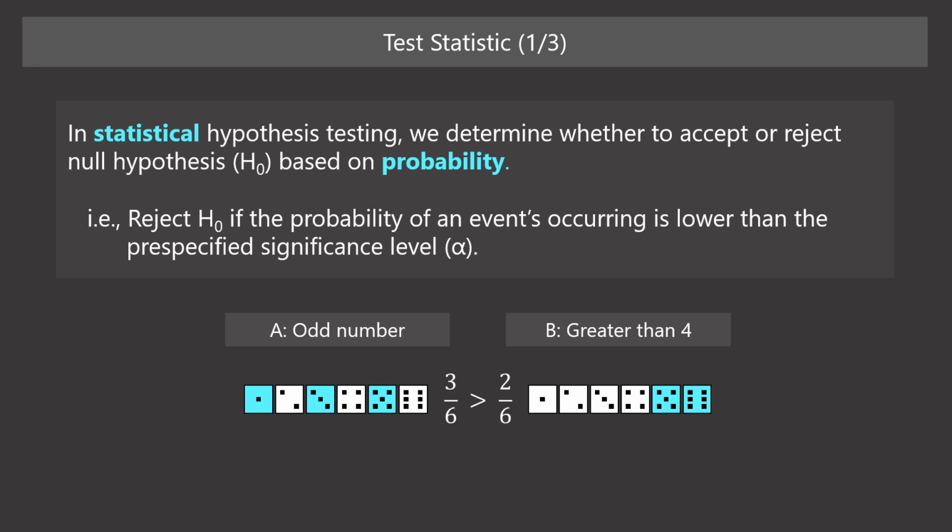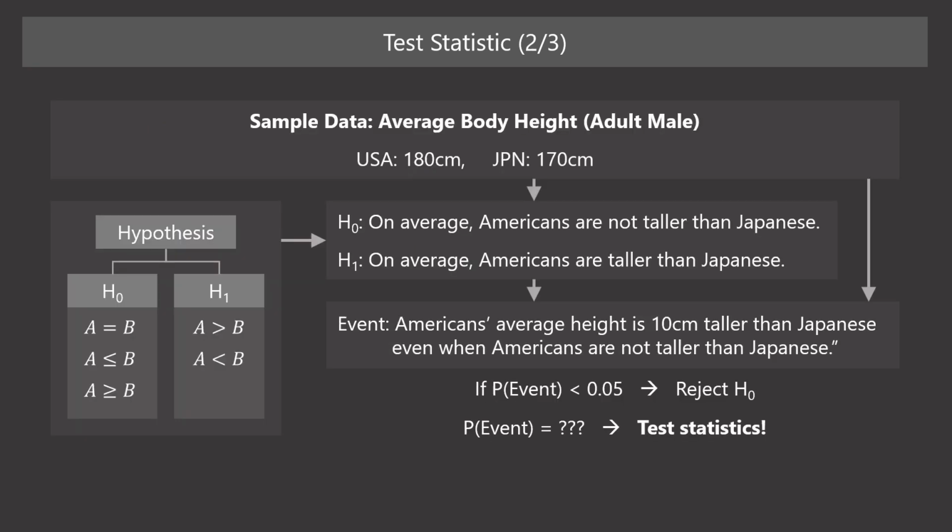But in a case where we do not have information about probability, the problem will be more complex. Let's consider another example. Suppose we collected data of body height from American and Japanese adult male persons.